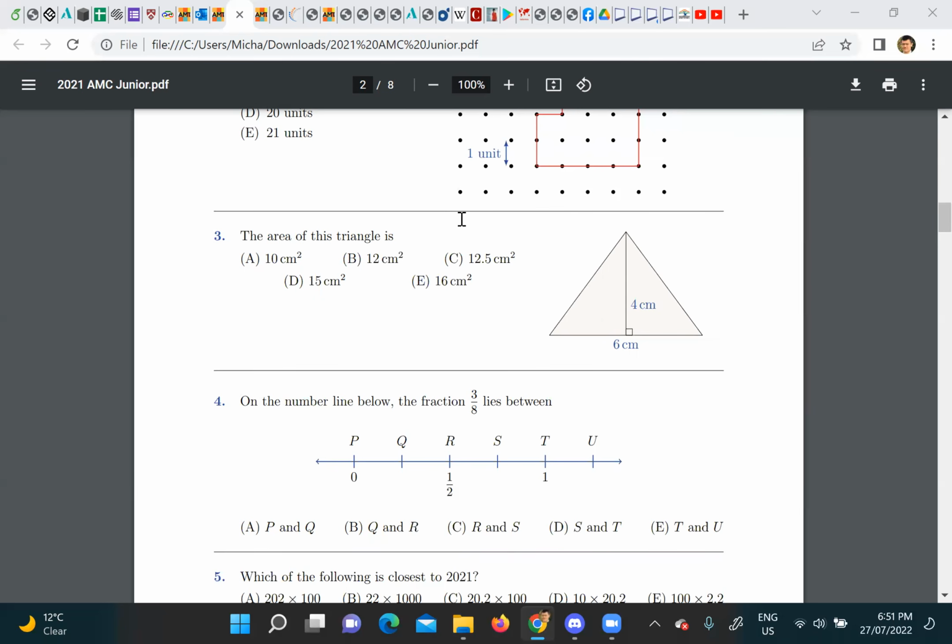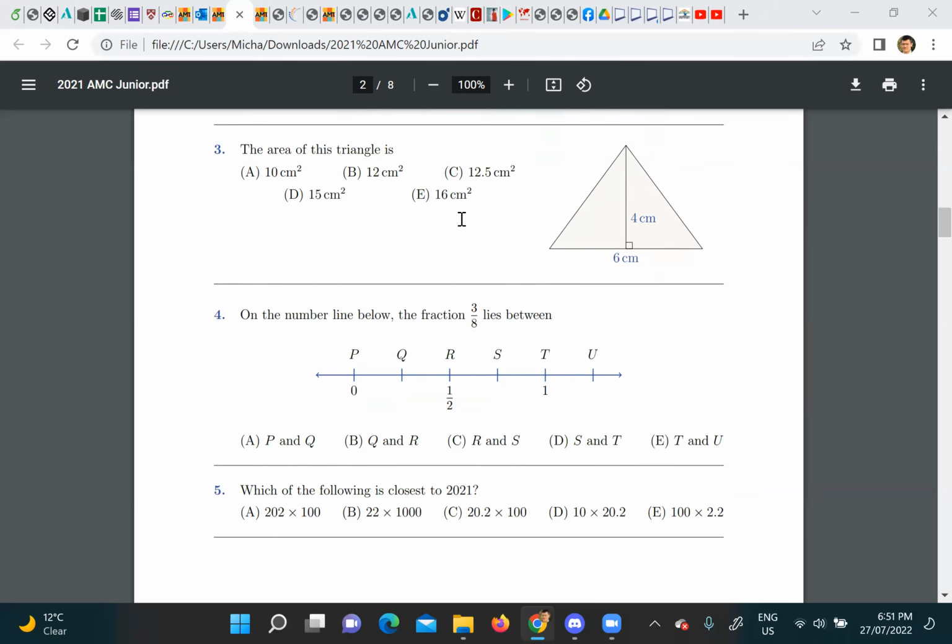It's B. It's 12, right? Yeah. So it's 6 times 4 and then divide by 2. And if you do 6 times 4, you can divide by 2 before you multiply it out. So you can do 3 times 4, yeah? Okay.